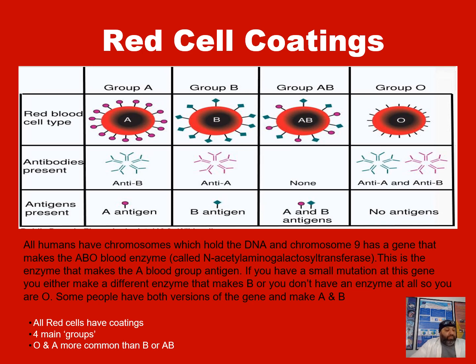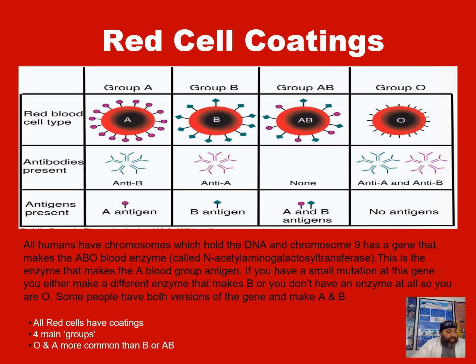If you have a small mutation in this particular gene, you either make a different enzyme that makes B, or you don't have the enzyme at all. So generally, if you don't have the enzyme at all, then from a blood grouping perspective you are group O, where an individual will not have any antigens present.